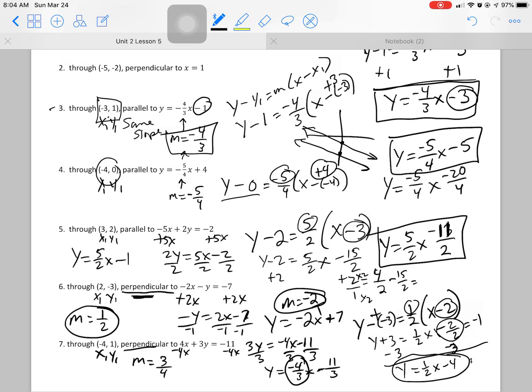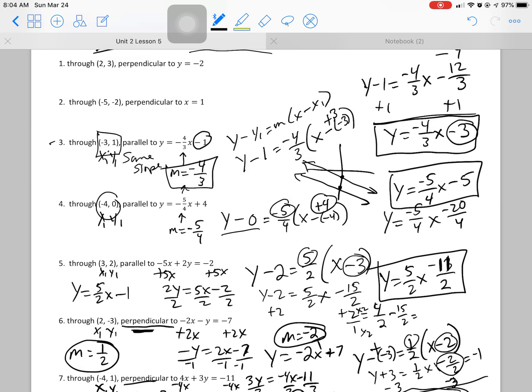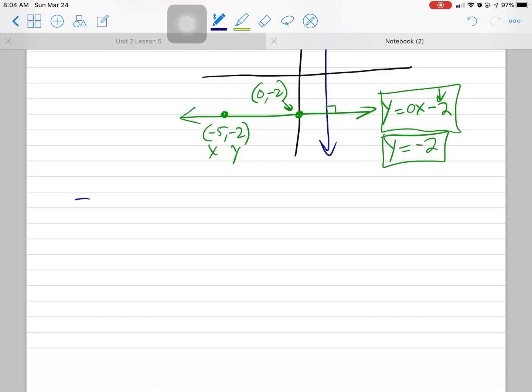So negative 4, 1, x1, y1. And then I had y equals, no, I had an m. That's all I care about. Okay, so that's the slope that I need. This is the point that I needed to go through to get the line in slope-intercept form.